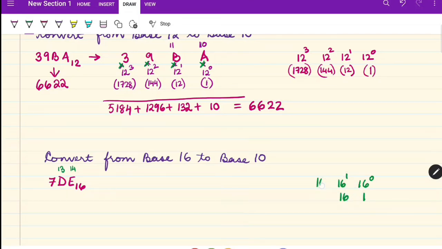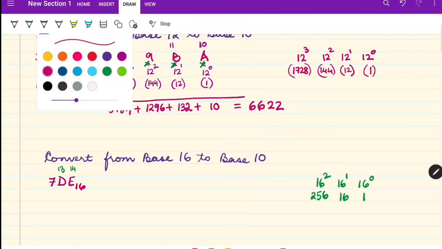And then 16 squared would be 256. We don't have to go to the left of 16 squared because there are only 3 digits in the hexadecimal number that we are converting. Same process, but I'm going to rewrite 7DE spaced out so I can show my work.